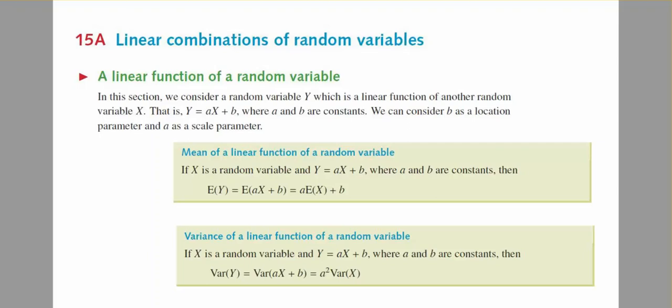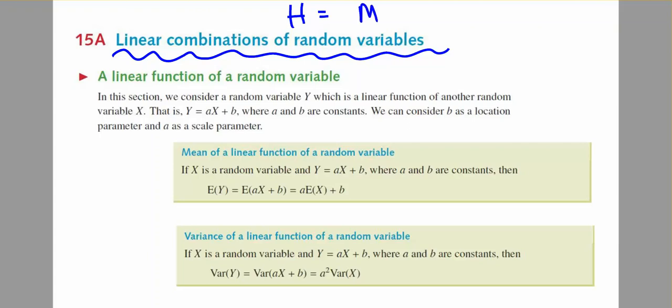What we're talking about are linear combinations of random variables. So for example, I might be considering how much homework I do, and my homework might be the amount of methods homework plus the amount of specialist homework plus the amount of other homework. There are three things added together as a linear combination.